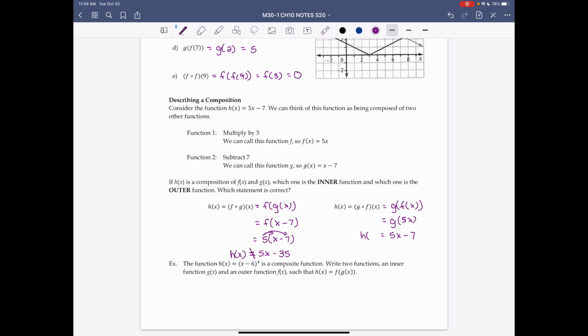That is h of x. So this one is correct, which means the inner function is f of x, and the outer function is g of x.